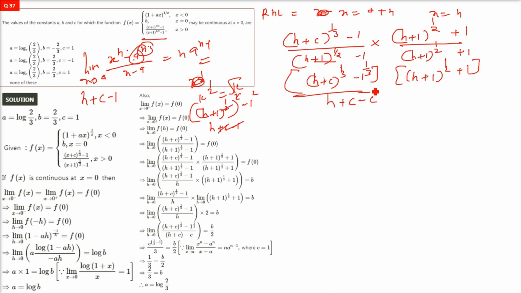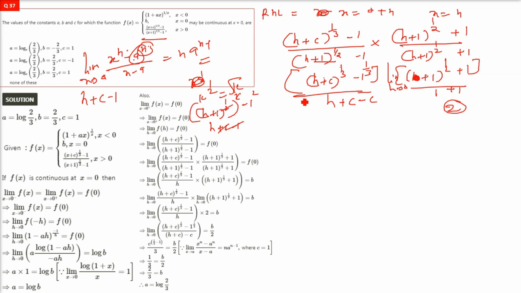See, h was already there. We have to include something and subtract something so that it becomes h plus c minus 1. So apply the limit h tends to 0 on the right, 1 root is 1 only, 1 plus 1 is 2. This we will use later.